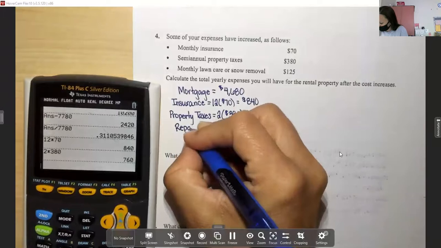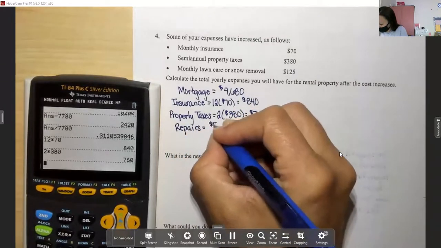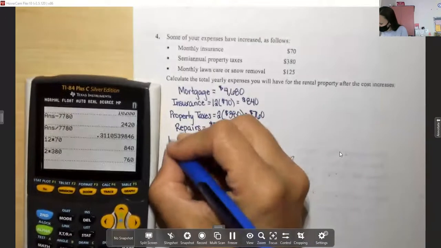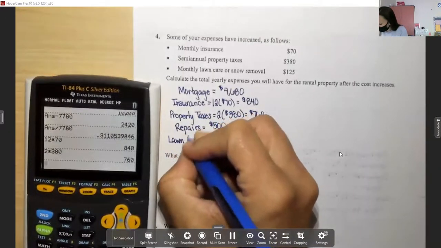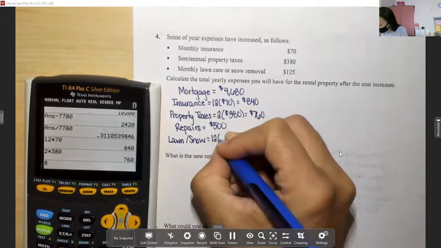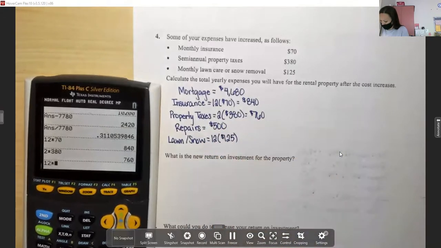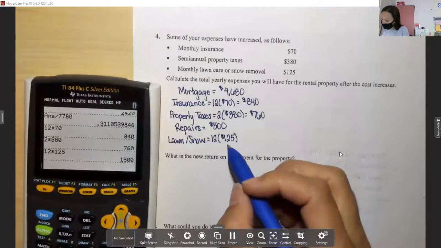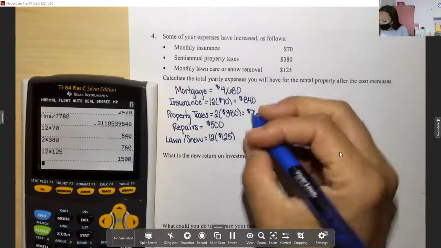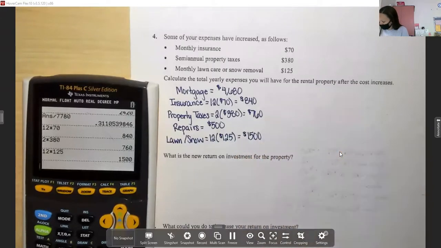Repairs didn't change, so I'm using the original list. The repairs are still 500. And then the lawn and snow. $125 a month for 12 months out of the year is $1,500.